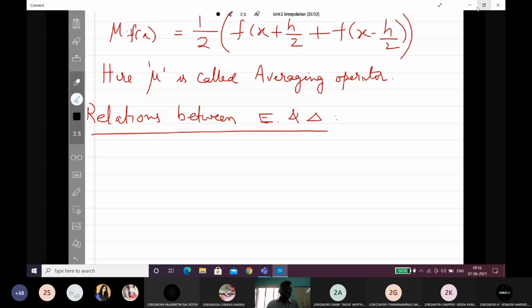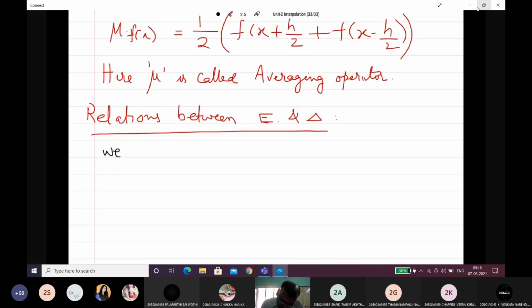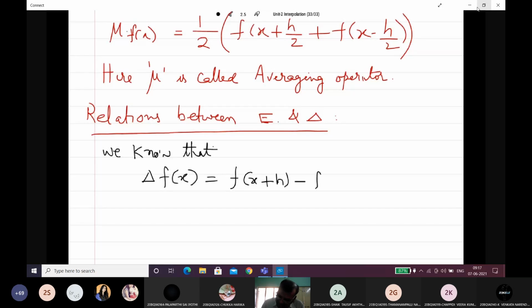Okay. Now first, what is delta f of x? We know that delta of f of x, the first forward difference operator, is f of x plus h minus f of x.